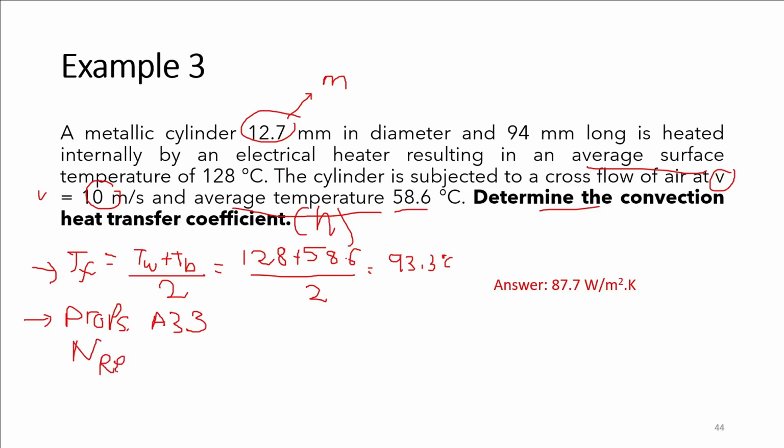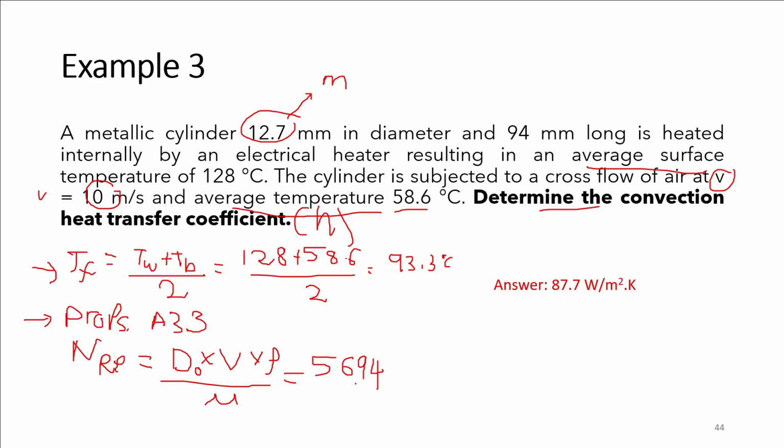Reynolds number is equal to outside diameter multiplied by the fluid velocity multiplied by rho, divided by mu, and then you will get the answer as 5694.